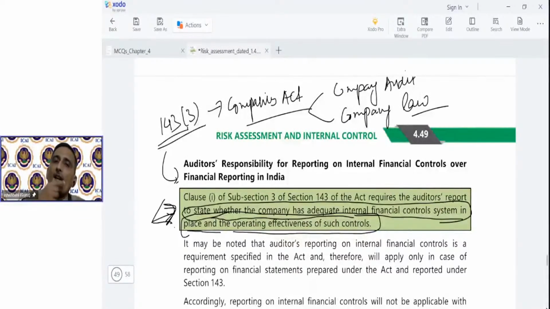That auditor has to report on the operating effectiveness of such control and whether at first place the company is having an adequate internal financial control system in place. If it is so, then what are the operating effectiveness of such controls?